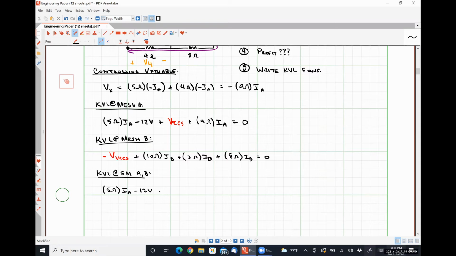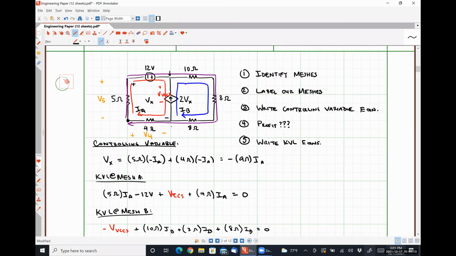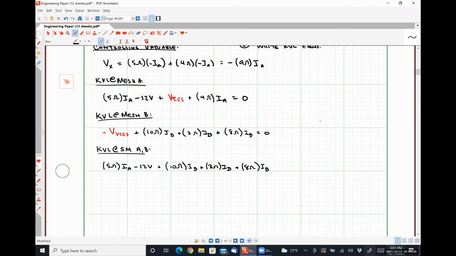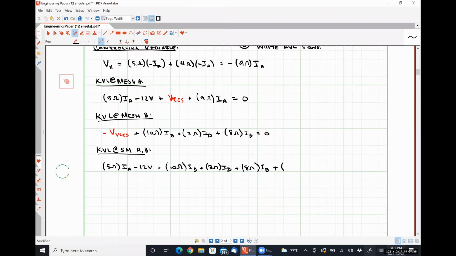So we'll have 10 ohms times IB plus 3 ohms times IB plus 8 ohms times IB. That gets us to this point here. And now we're following mesh current A back to our point of origin, which is the bottom left-hand corner of the circuit. So 4 ohms times IA. Set this equal to 0.